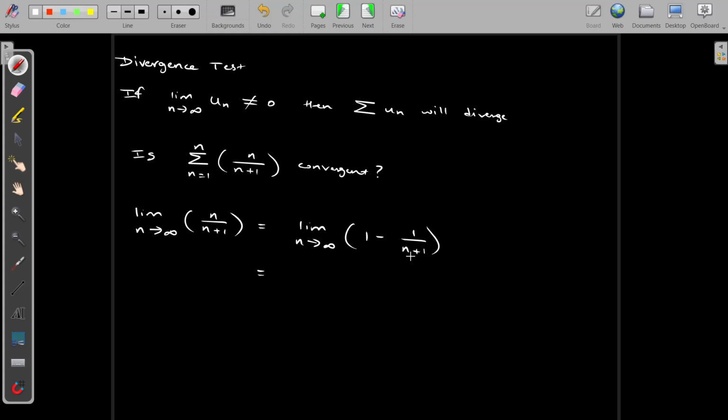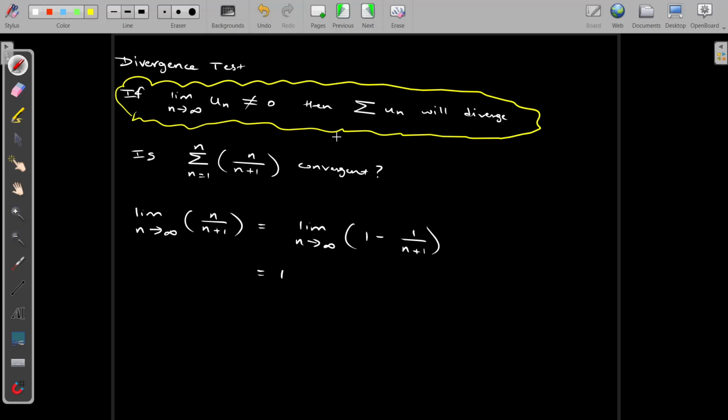And we know that anything with n in the denominator going to infinity is going to be 0. So this result is just 1. And based on the rule, if the limit is not equal to 0, then it will diverge. So we can simply say that since the limit as n tends to infinity of n over n plus 1 is not equal to 0, the series diverges.